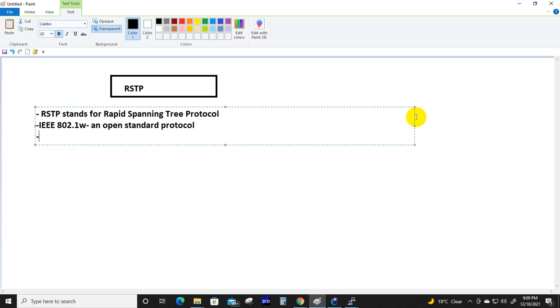Next, it has faster convergence than traditional STP, Spanning Tree Protocol.